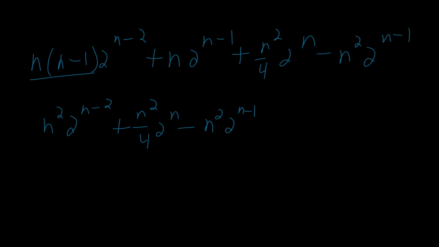And then we have plus 2 to the n minus 1, just this term right here. And then we have this extra term with the minus 1, so then minus n 2 to the n minus 2.